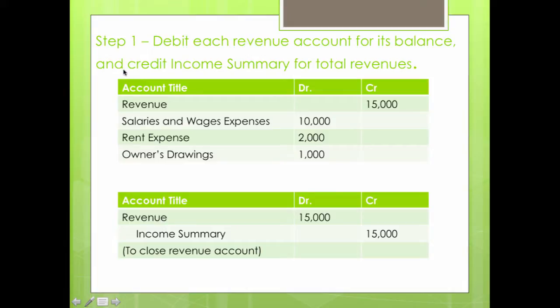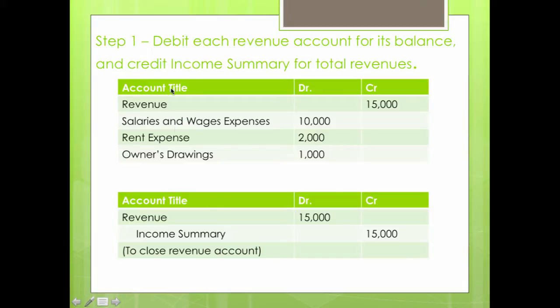Step 1 also tells us that we must credit the income summary for total revenues. So in this case, we need to credit the income summary by $15,000. Notice that this is a new account that we only use when we're closing the books.